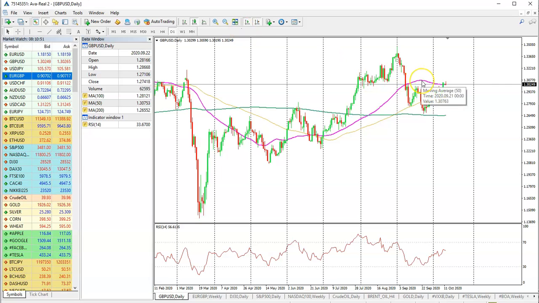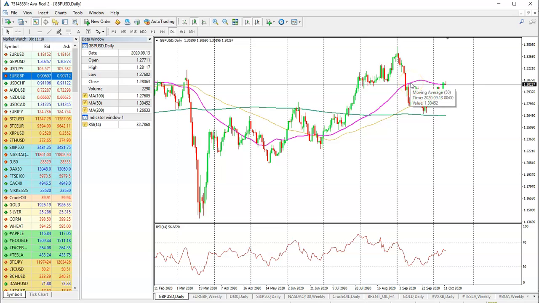This particular line right over here represents the 50-day average price for sterling against the dollar. The one in orange is your 100 days average price, and then followed by that is your 200-day average price.